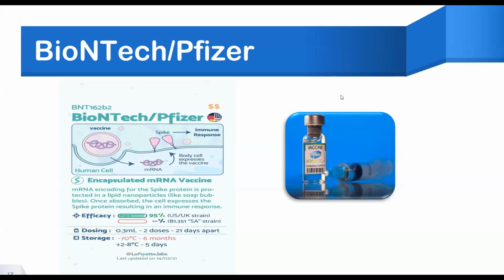So this BioNTech Pfizer, the efficacy against the US and UK strain is 95%. And this mRNA encoding for the spike protein is protected in nanoparticles. On December 11, 2020, the US Food and Drug Administration, or the FDA in the USA, first issued this EUA, or emergency use authorization.